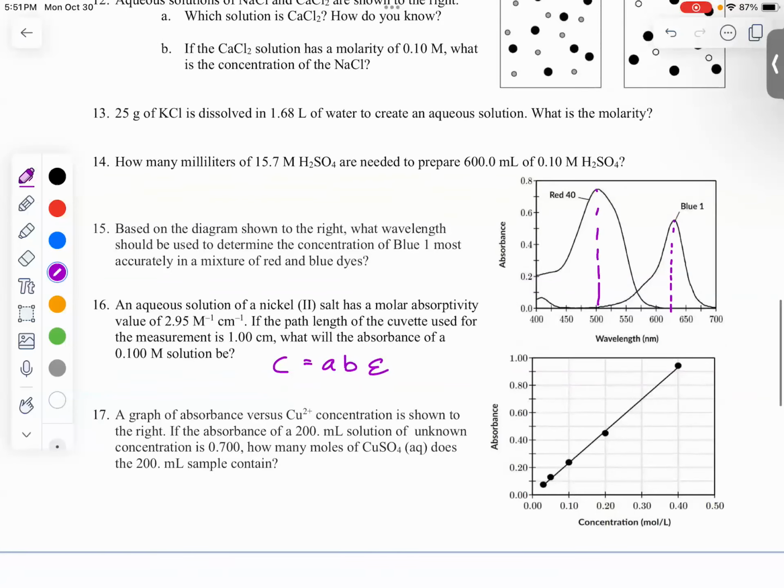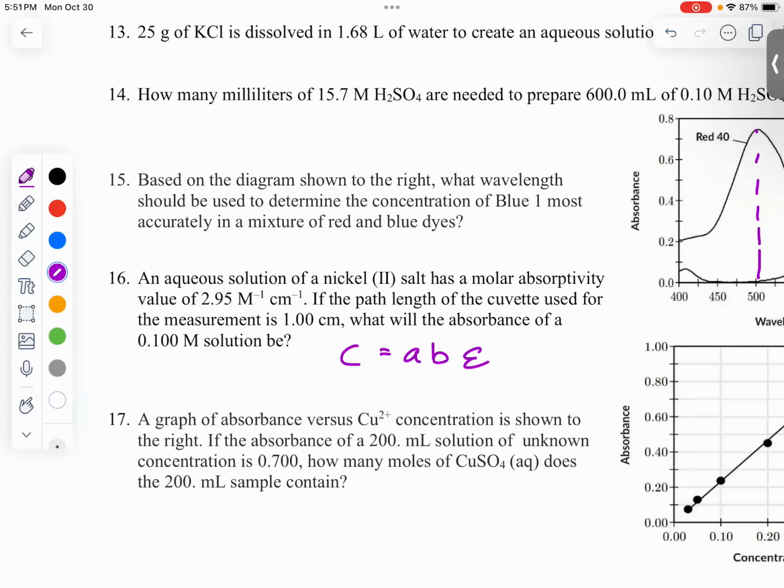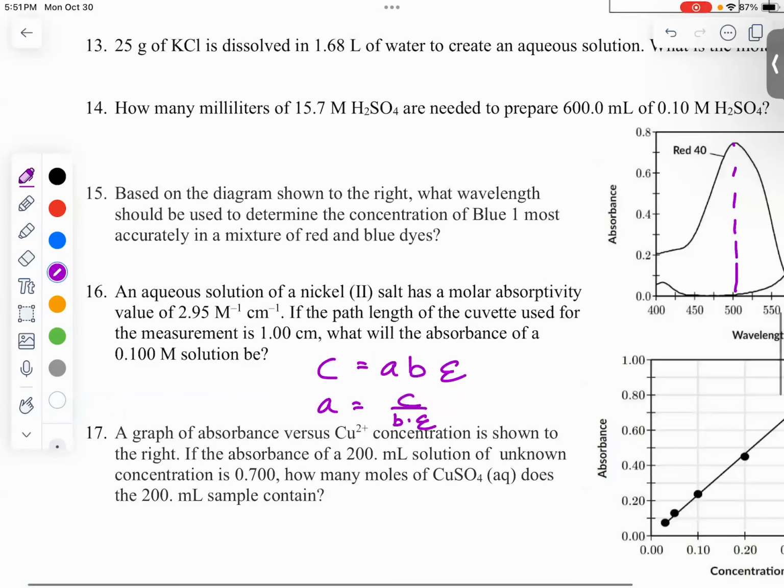If you want to find the absorbance, that means you would have C over B times epsilon. B is the path length. Yeah. So now, what I would say is this: if you focus on the units, they should all work out.